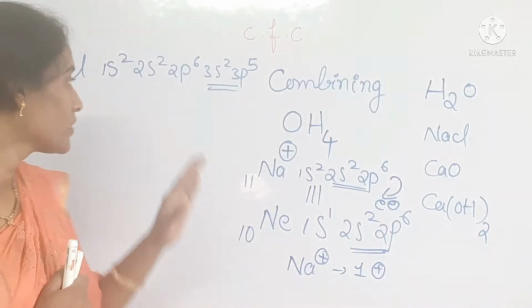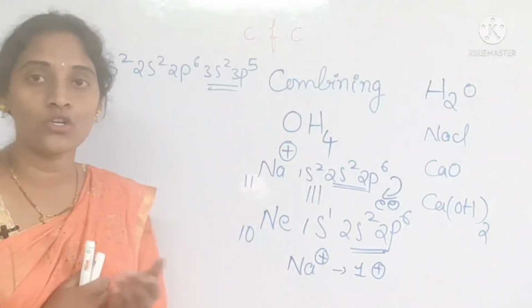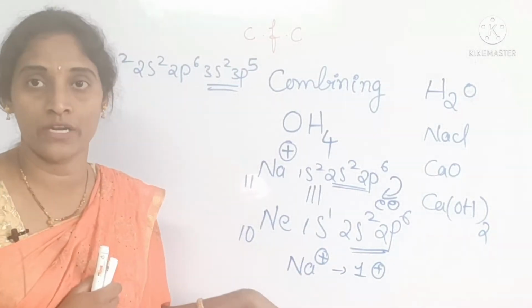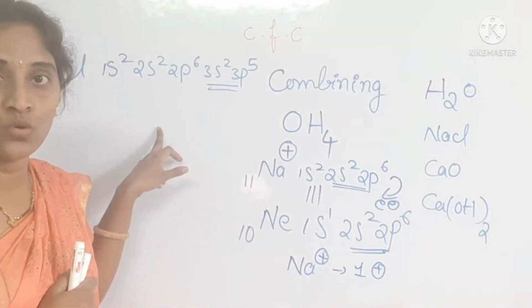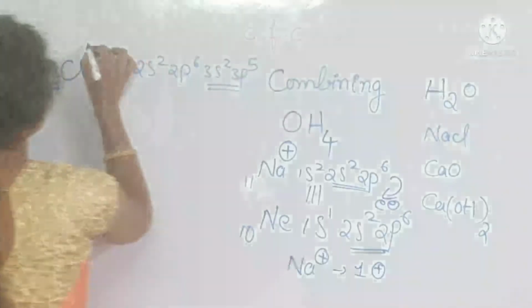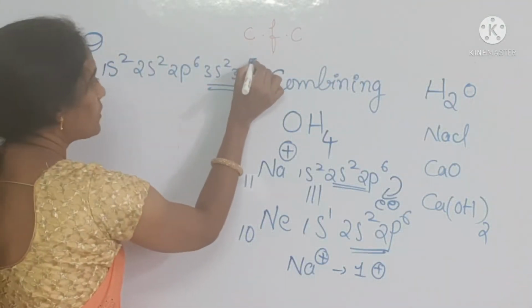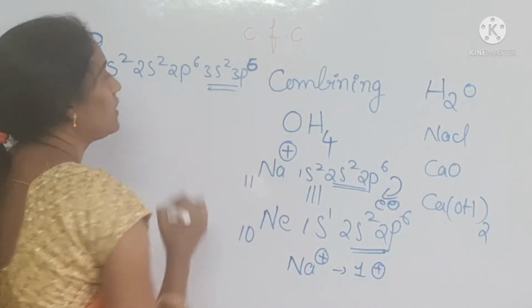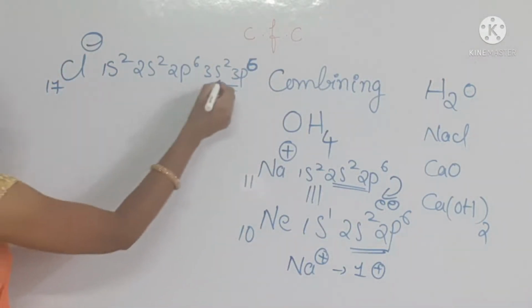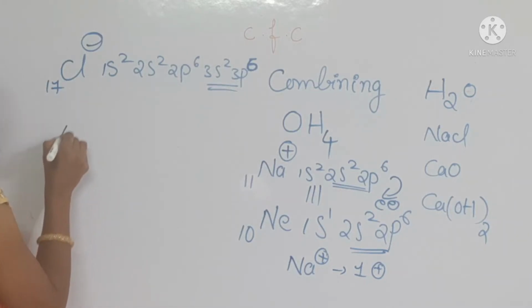For that, chlorine needs to get the electron from sodium. The electron lost by sodium is the same electron gained by chlorine. Then chlorine becomes the Cl- ion. Its outermost electronic configuration is 3s2 3p6, students. This is equal to argon's configuration.